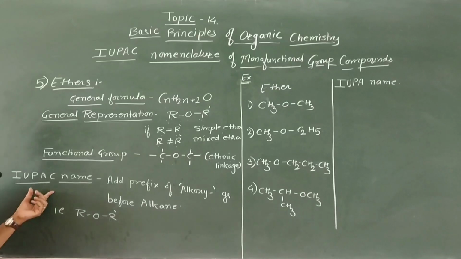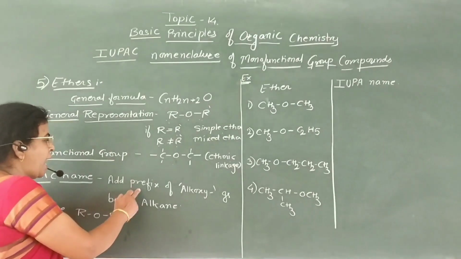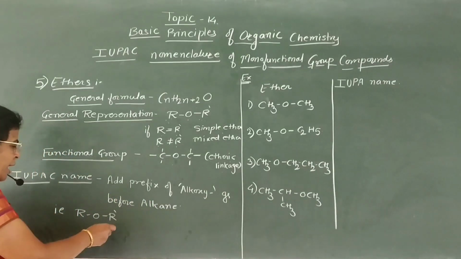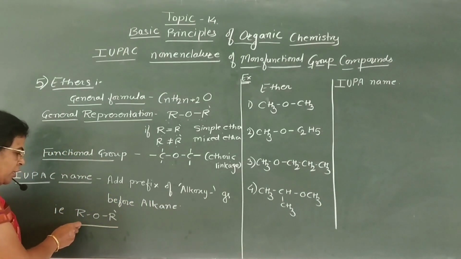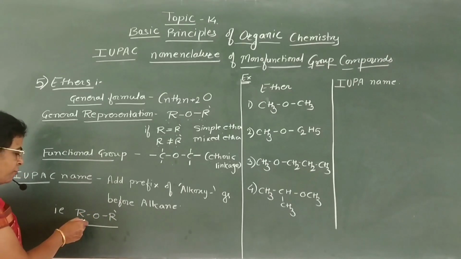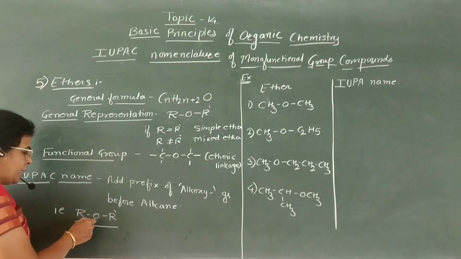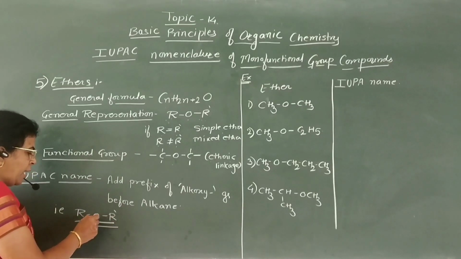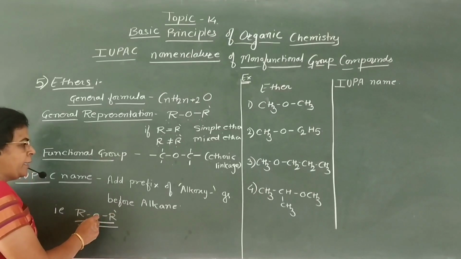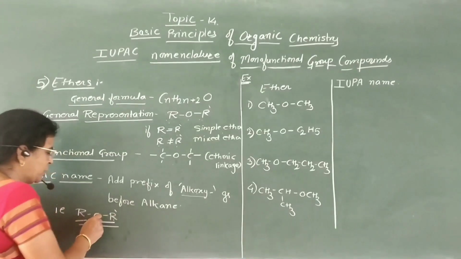Now the IUPAC name of an ether is given by this rule: add the prefix of the alkoxy group before the alkane. We can understand this using the general ether ROR'. Here we consider one hydrocarbon radical as an alkane. If it is R, then this R is attached to the alkyl and oxygen atom. The combination of alkyl and oxygen atom becomes alkoxy, that is, alk for the alkyl group, oxy for the oxygen atom.